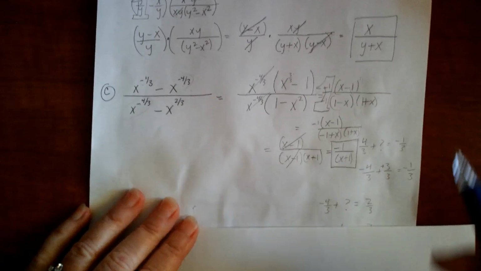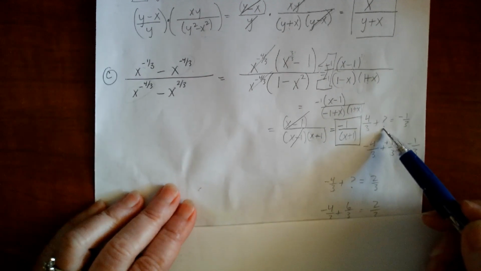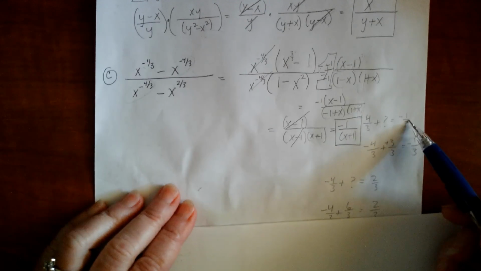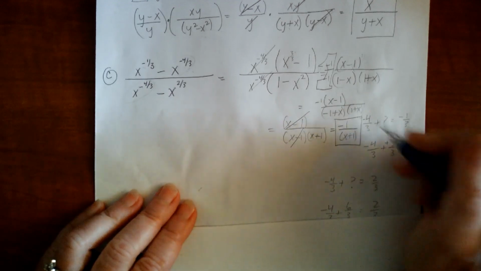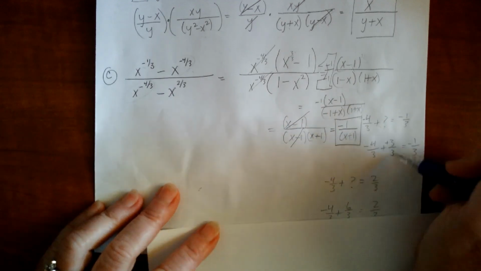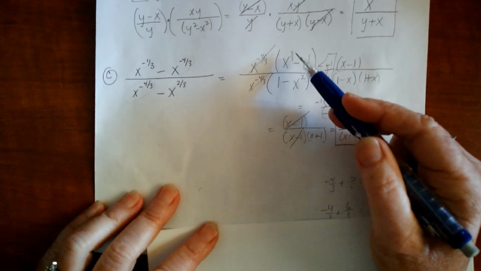And I even did some little work down here. I said negative 4/3 plus something equals negative 1/3. And I ended up with 3/3, and that's how I knew that my exponent had to be 3/3, which is just 1. I didn't show it there.